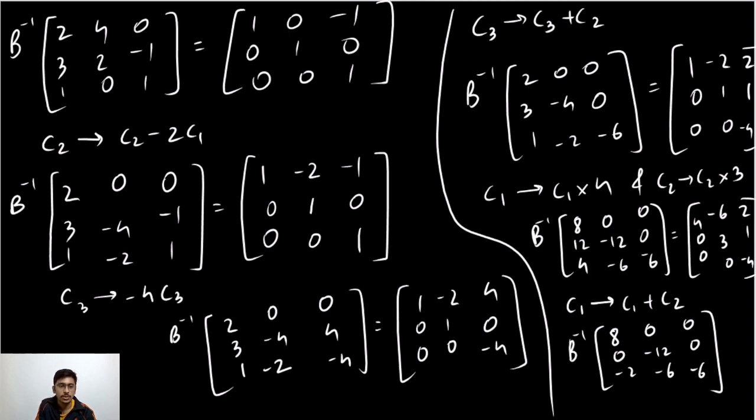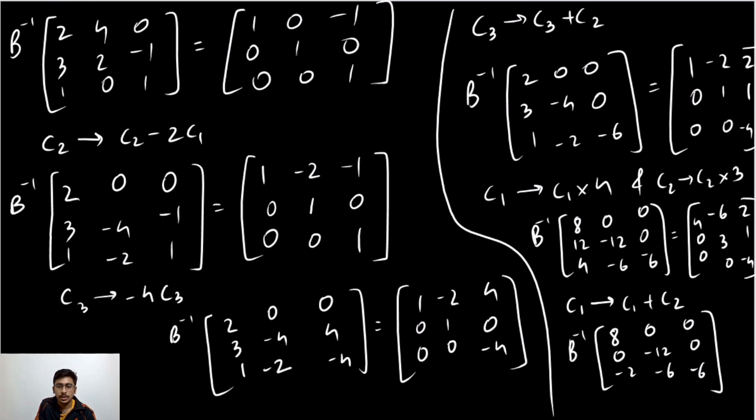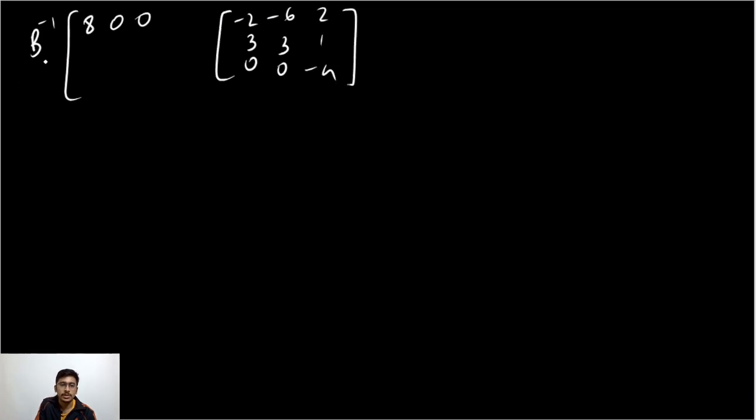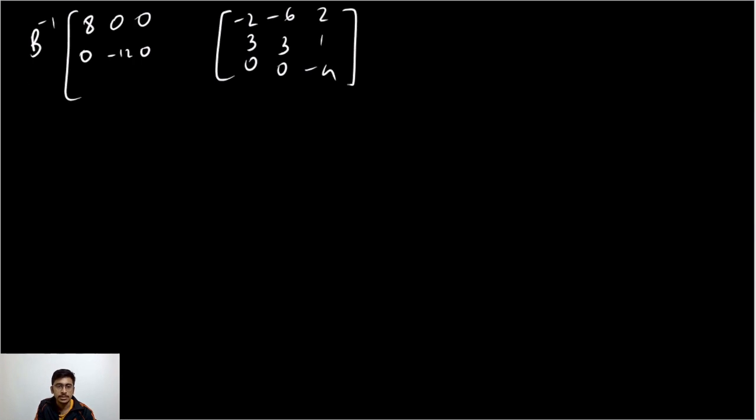This is 8 0 0, then 0 minus 12 0, and minus 2 minus 6 minus 6. Okay, so we have achieved 4 out of 6 zeros.